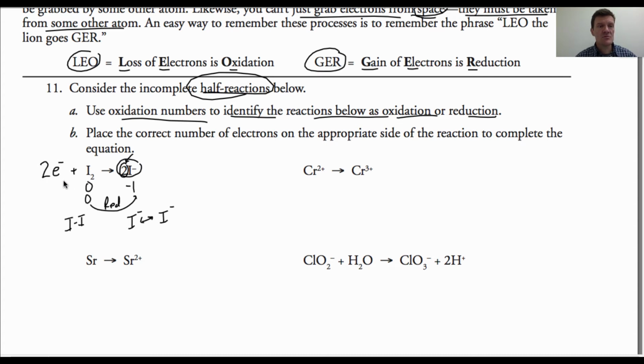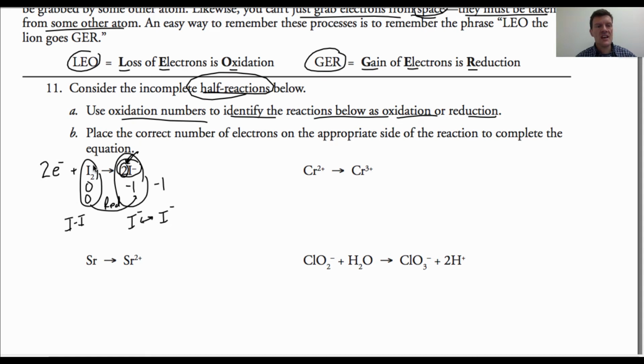I can check this. It's real easy. The total charge over on this side is 0 without the electrons. The total charge over here is going to be a -1 and another -1 because there are 2 separate ions. So 2 -1s. In order to balance the charge, because you can't gain or lose or destroy electrons, they're just going to be transferred.